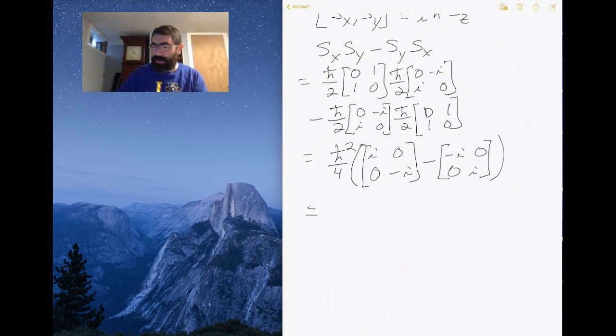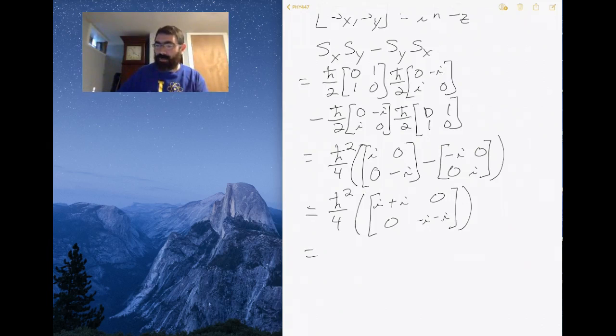Okay, so I can bring the minus sign in. So I have h bar squared over 4, and then the matrix i plus i, 0, 0, minus i minus i.